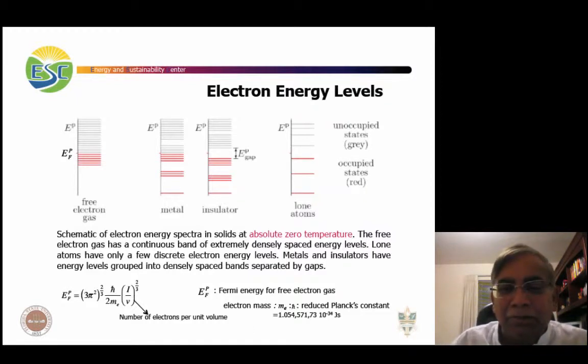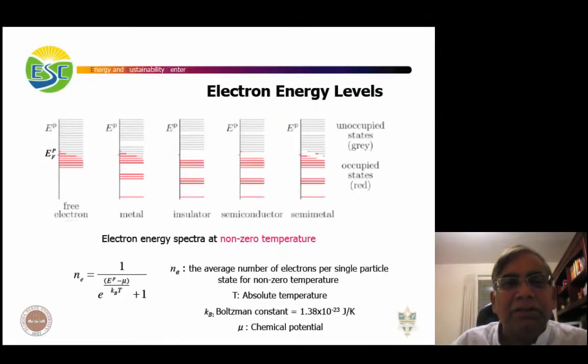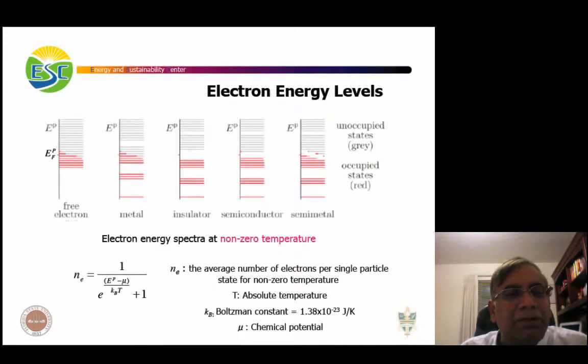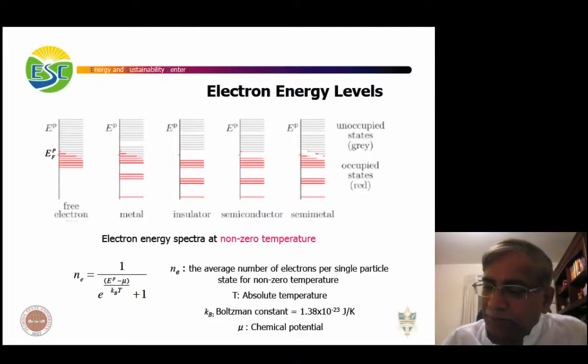Now what we move to is the spectra when it is at non-zero temperature. The previous spectra was seen at absolute zero temperature, and this is now given at non-zero temperature. Temperature can have a significant effect on electrical conduction.